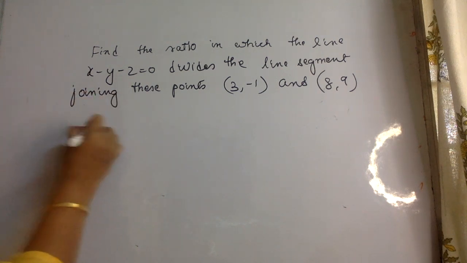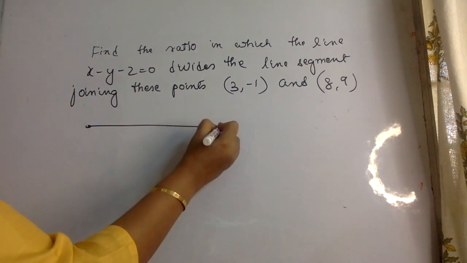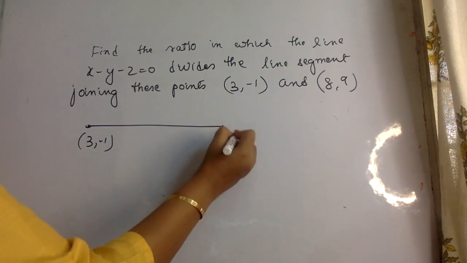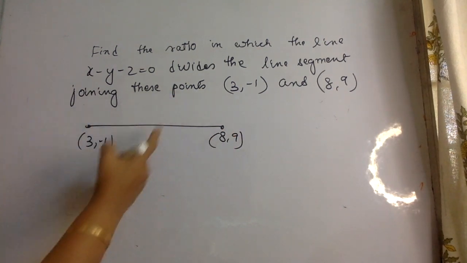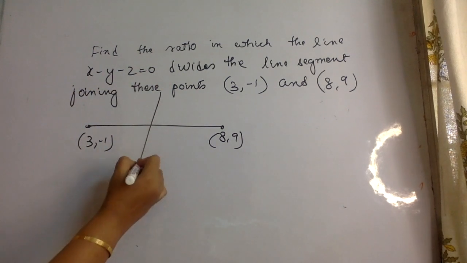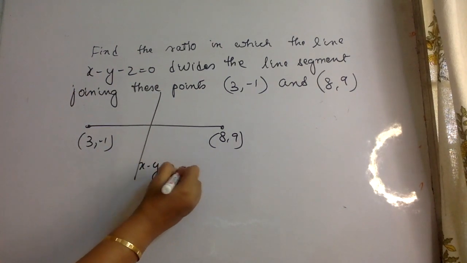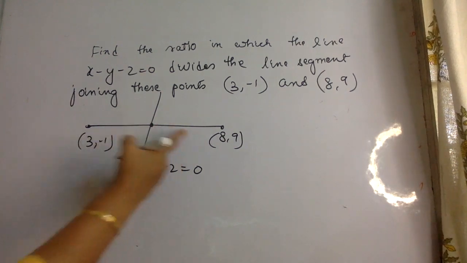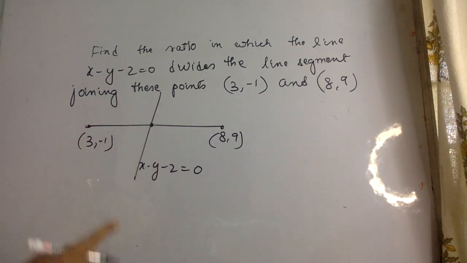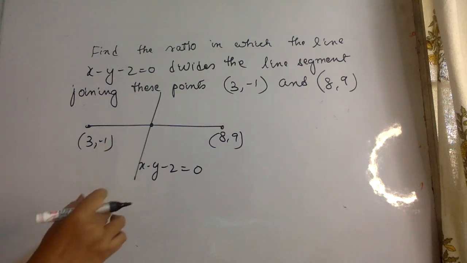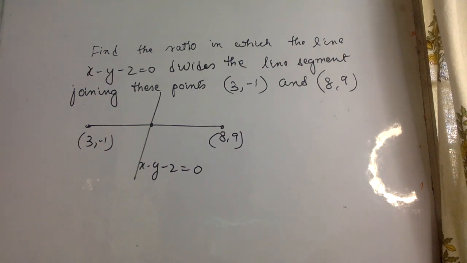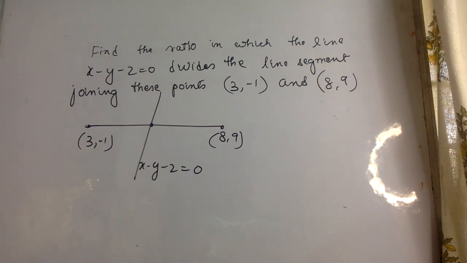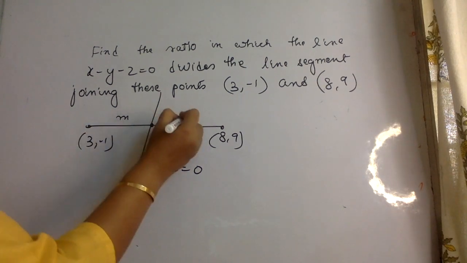So this seems to be a slightly difficult question. They are asking for the ratio in which the line segment joining this is a line segment, okay, and this line is cutting them. Equation of the line has been given. So what is the ratio in which this line can cut the join of these 2 points? Now it looks difficult, but if you think, it is a very simple thing. Let's assume that it cuts it in the ratio m:n.